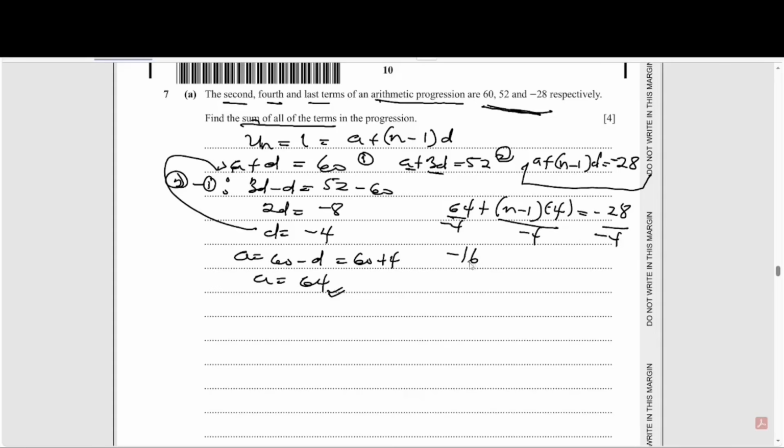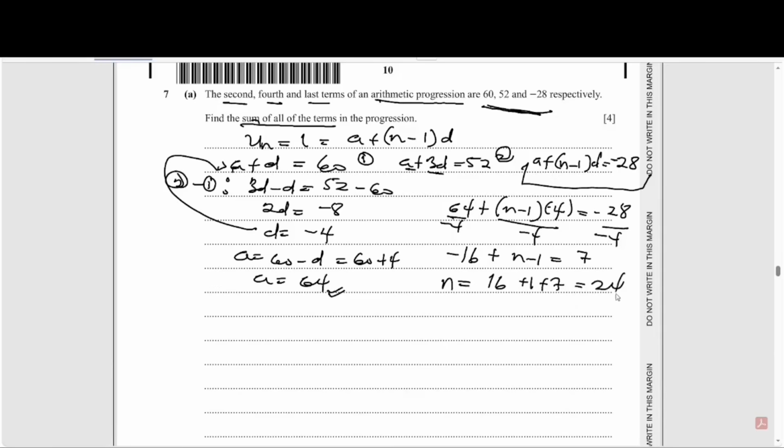Then I have negative 16 plus n minus 1. Of course, we could have expanded and grouped them and found our n, and we'll still get the same result. Is equal to negative 28 over negative 4 is positive 7. Now let's find n. n is equal to 16 plus 1 plus 7. So that is 16 plus 8, and that is 24.